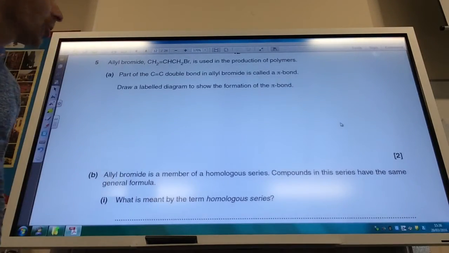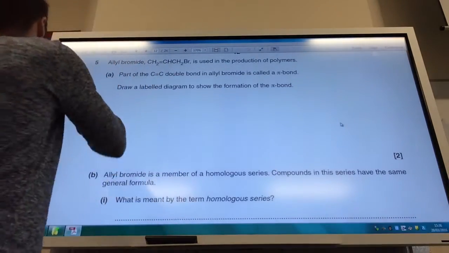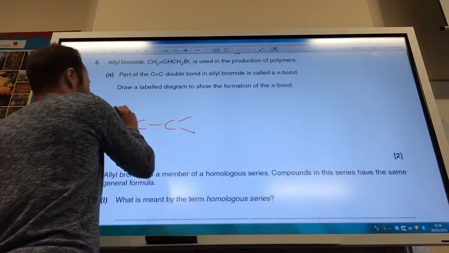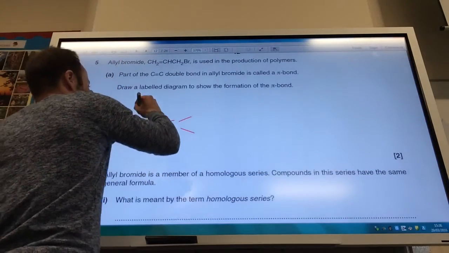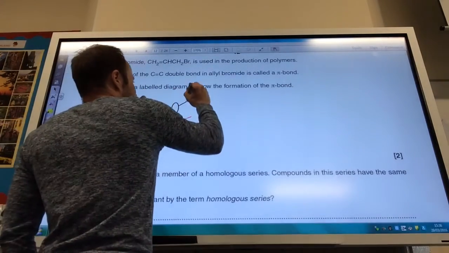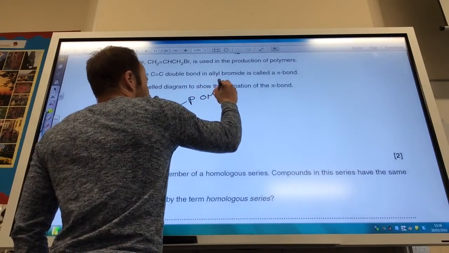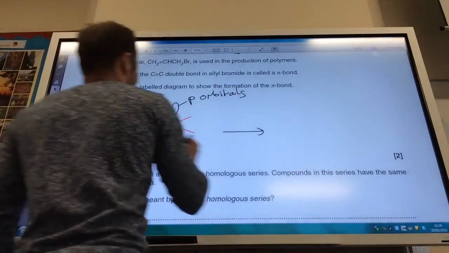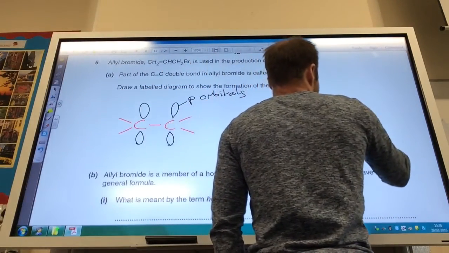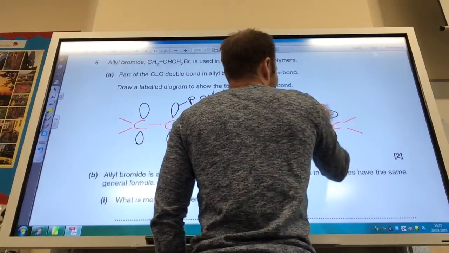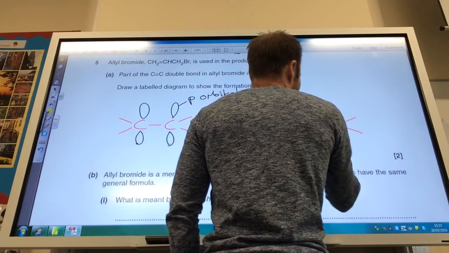Draw a labeled diagram to show the formation of a pi bond. Okay, so hopefully this one isn't too bad. You've got your carbon sigma framework. You've then got your two p orbitals there, so you need to label those up, p orbitals, and they will overlap to give you your pi bond above and below.